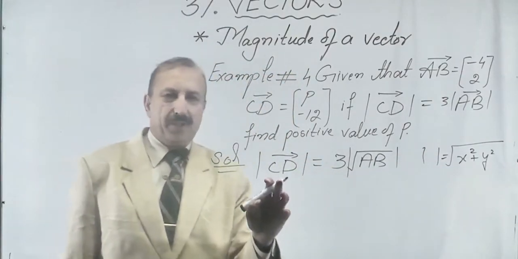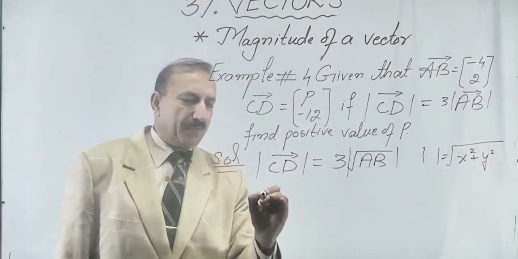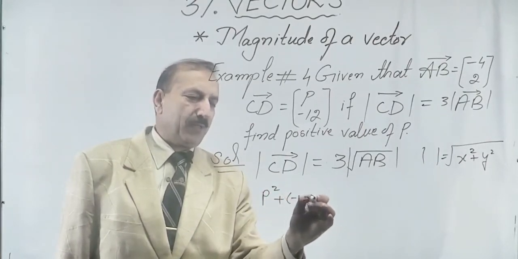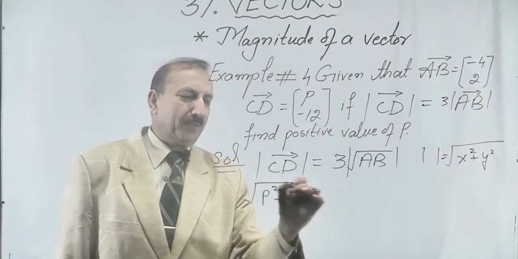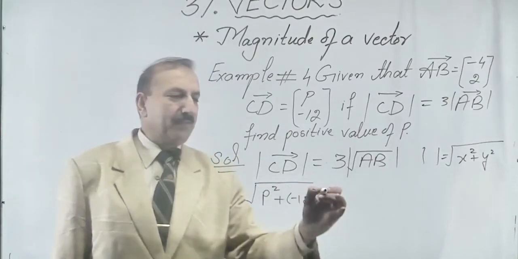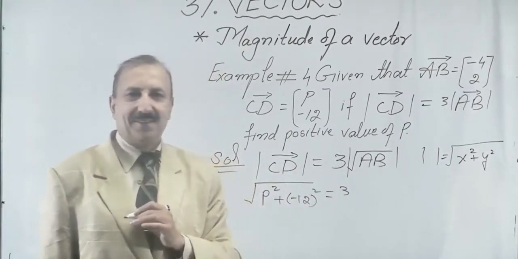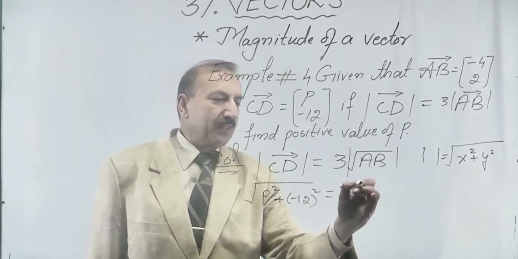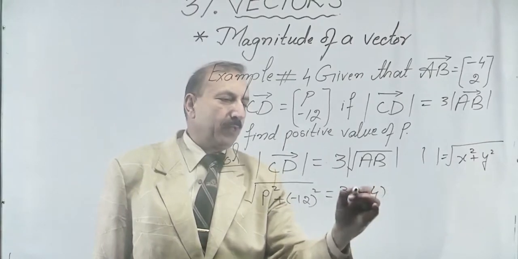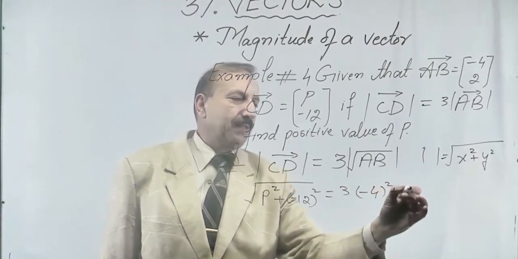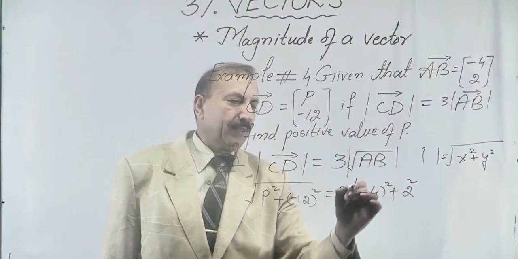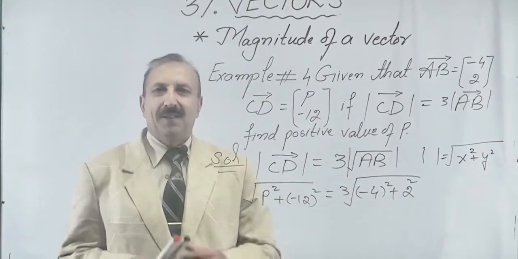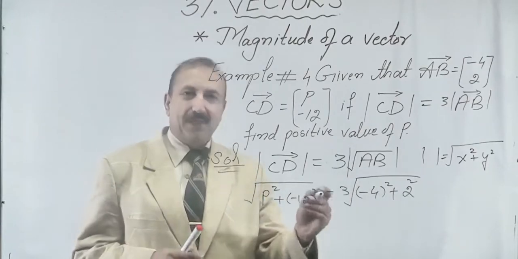All right, here this is CD. This will be the square root of P square plus minus 12 square, and this will be equal to 3 as it is. And then let's move towards AB. Here is AB. This is the square root of minus 4 square plus 2 square. Let's simplify as much as possible.